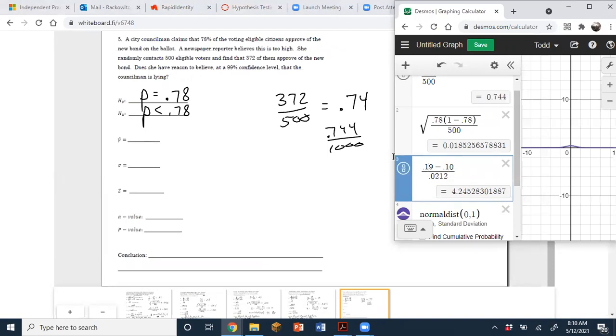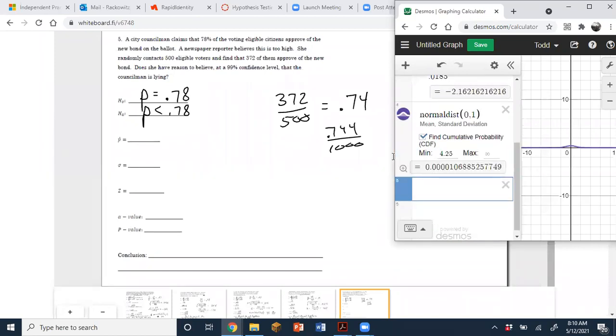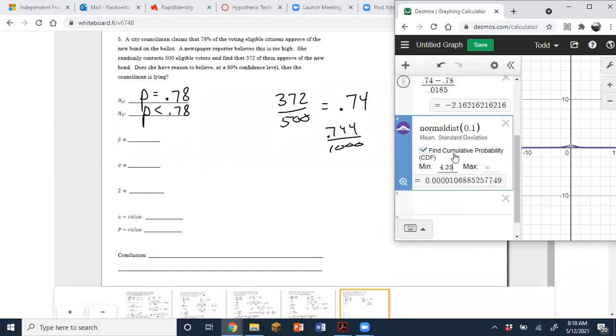So your z-score would be your p hat, 0.74, minus the claim 0.78, over that standard deviation, 0.0185. So it's a negative 2.16 z-score. So I would put it in the maximum since it's negative. Negative 2.16. So our p-value is 0.0154.